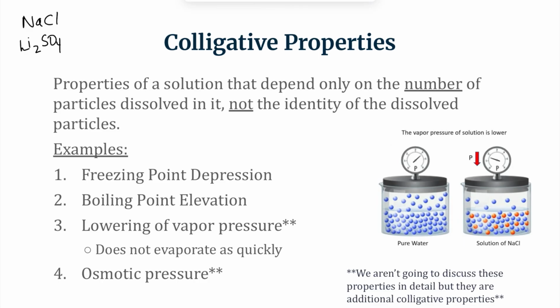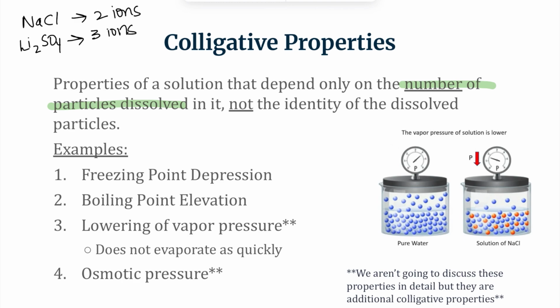We are going to care that sodium chloride breaks up into two ions. We're going to care that lithium sulfate breaks up into three ions. So we are going to be looking at the number of particles that are dissolved, not what those actual particles are. So that's kind of what it means by colligative properties.